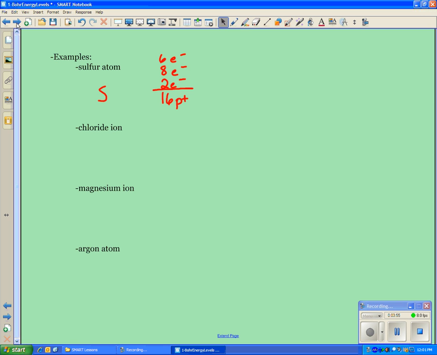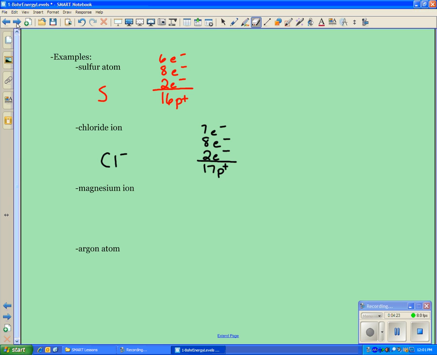A chloride ion, Cl with a charge of -1, must have an extra electron. So chlorine with an atomic number of 17, 17 protons in the nucleus, 2 electrons in the first energy level, 8 in the second energy level, and typically, if we were drawing the atom, we'd do 7 electrons in the outer energy level.